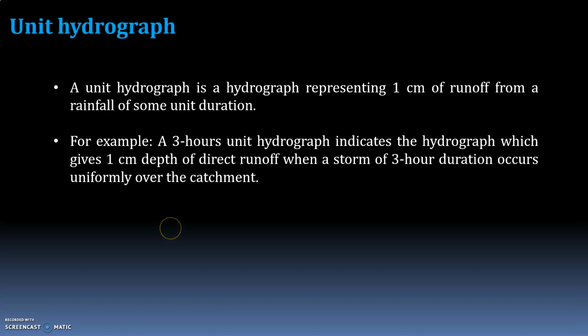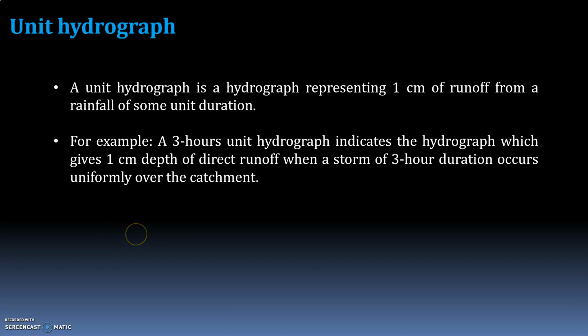For example, if a unit hydrograph results from a 3 hour unit rainfall duration, it is known as a 3-hour unit hydrograph, meaning thereby a hydrograph produced by surface runoff from a storm lasting for 3 hours and yielding rainfall excess of 1 centimeter.